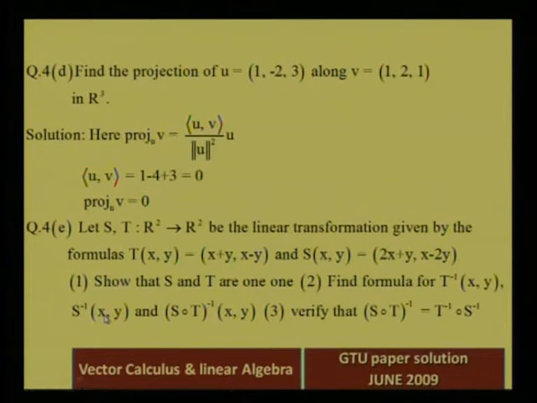So S and T are 1-1. Also we found formulas for T inverse, S inverse and the inverse of SOT, and finally verified that the inverse of SOT is the same as T inverse composed with S inverse. Okay, so all these questions we have proved in this solution.